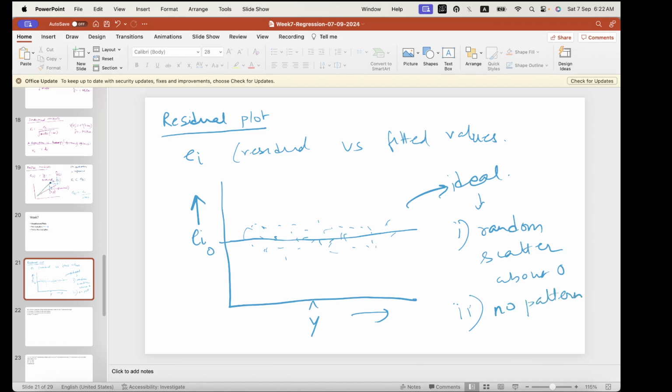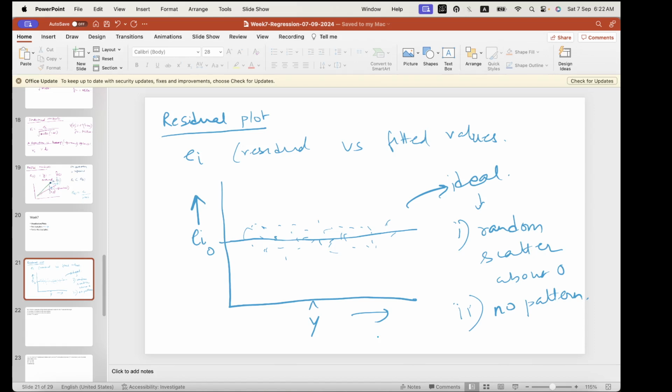There shouldn't be any visible increase or decrease. If this is the case, then we can say that our results support the underlying model assumptions. Alright, so this was the residual plot that we learned.